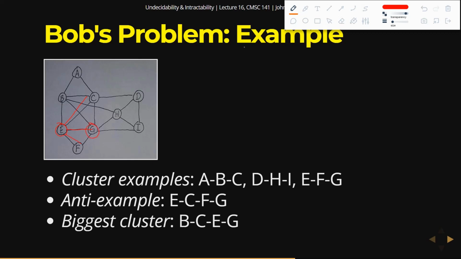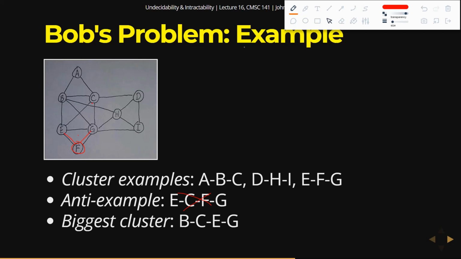Same with G. G is also connected to the other 3, E, C, and F. However, F is only connected to E and G. It's not connected to C. So for a cluster to be valid, all vertices have to be connected to all other vertices. Since F is not connected to C, this is not a valid cluster.